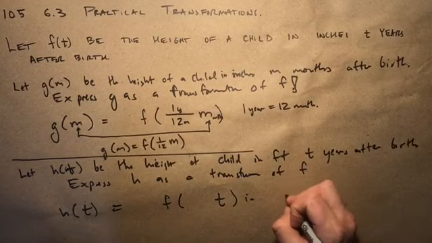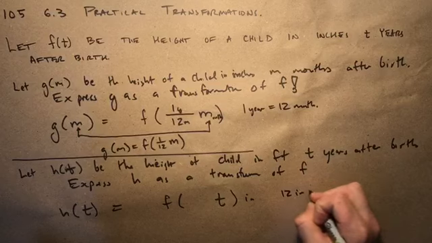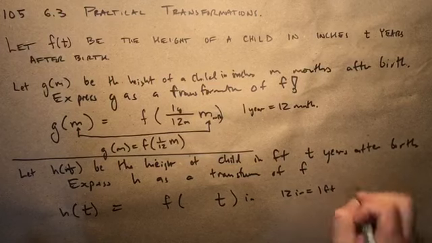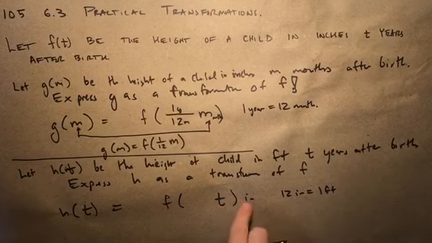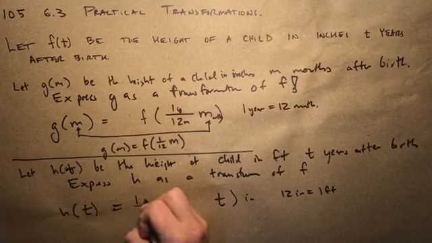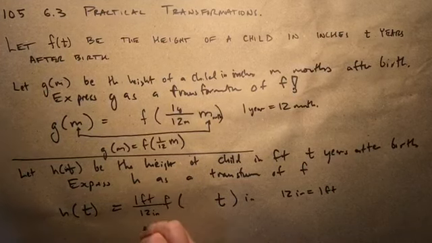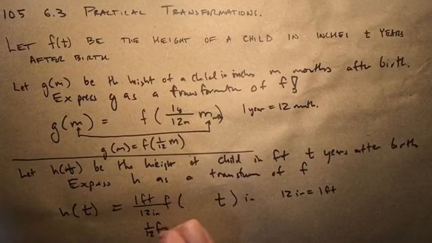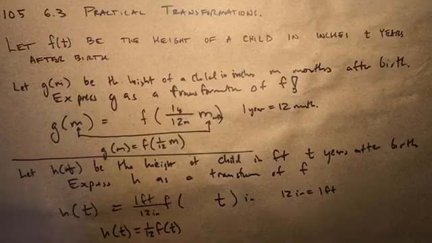And so we can say that 12 inches is equal to 1 foot. I have inches, the inches have to go down, and the 1 foot has to go up. And so 1/12 f of t is our transformation.